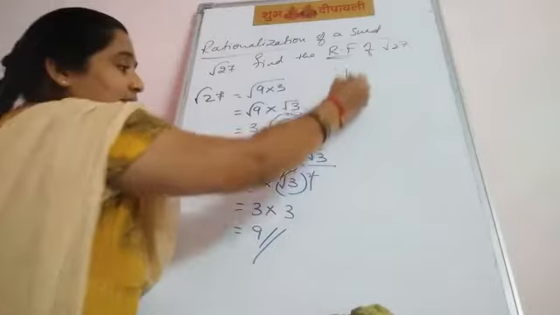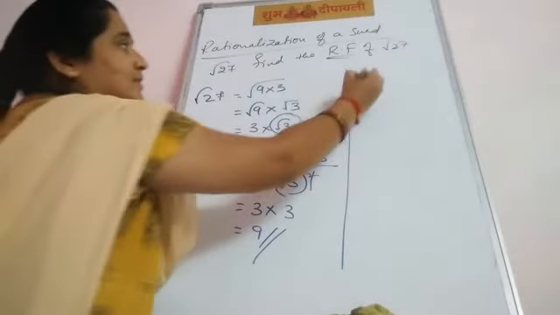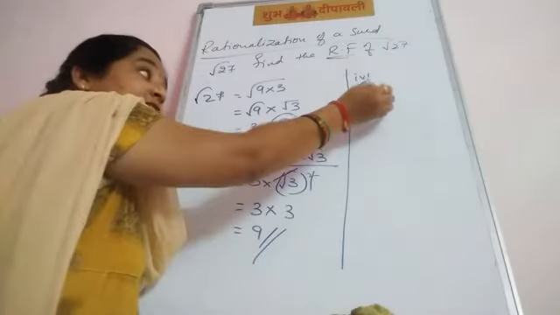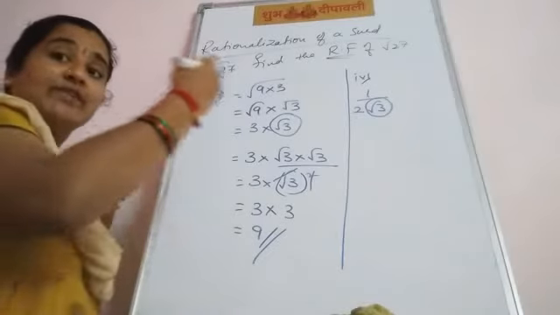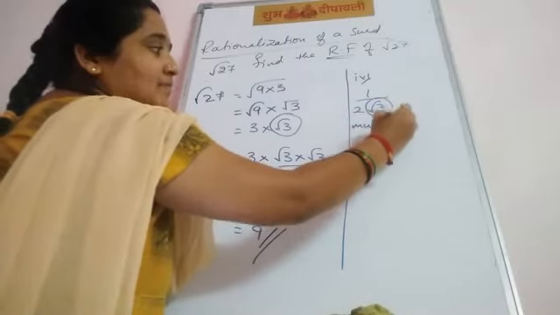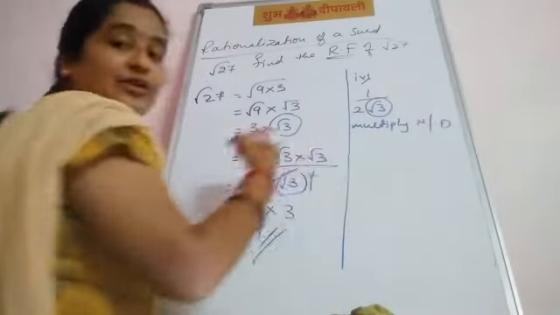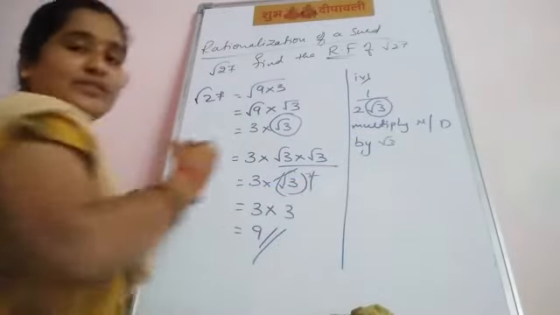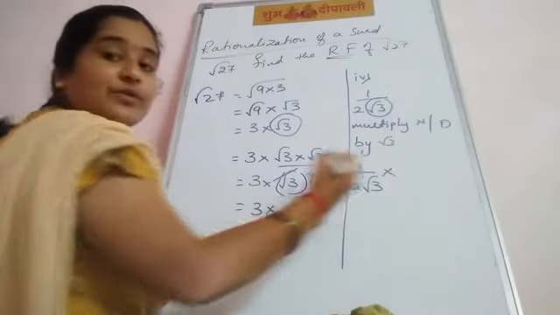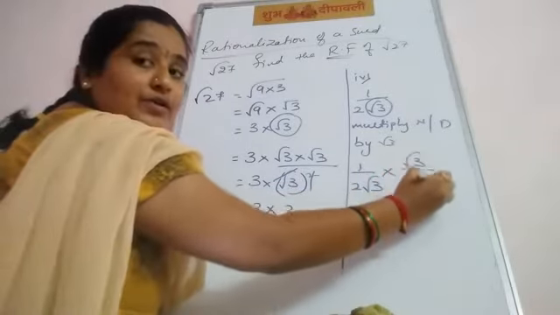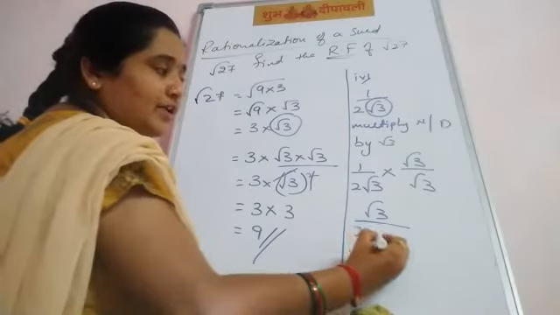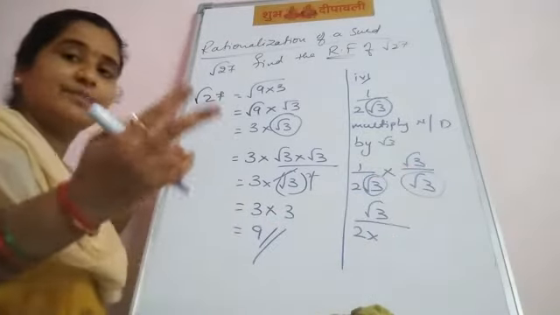Now one more example. If they give it in the denominator, for example, 1 upon 2 root 3. Here our surd is root 3. So we multiply numerator and denominator by root 3. 1 upon 2 root 3 into root 3 upon root 3. 1 into root 3 upon 2 into, here root 3 is how many times repeating? 2.